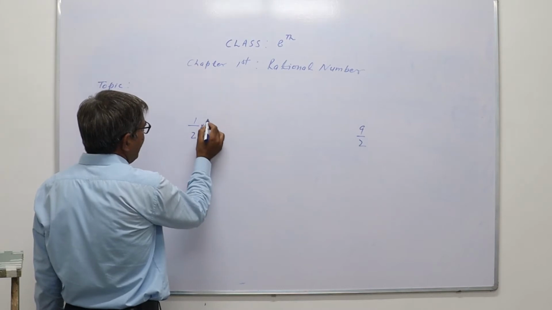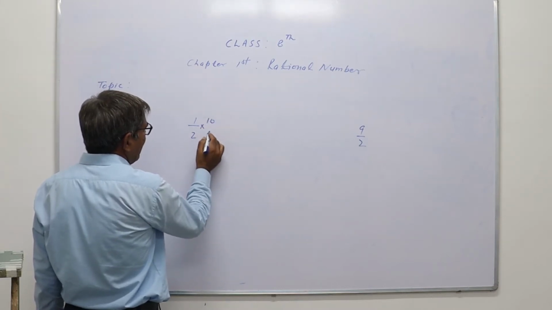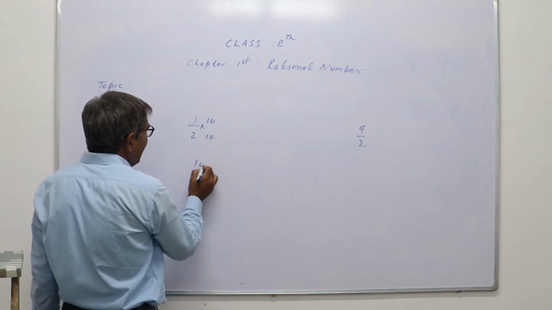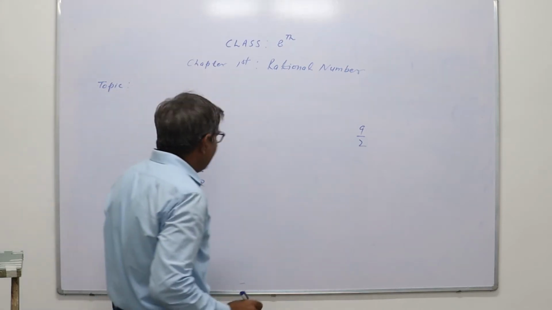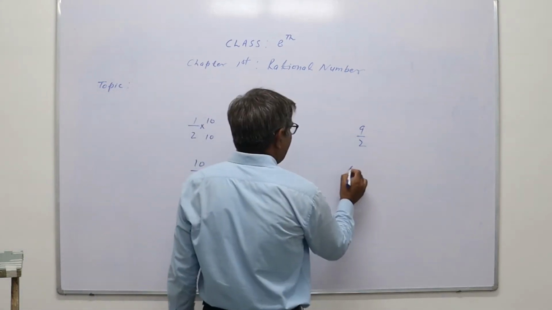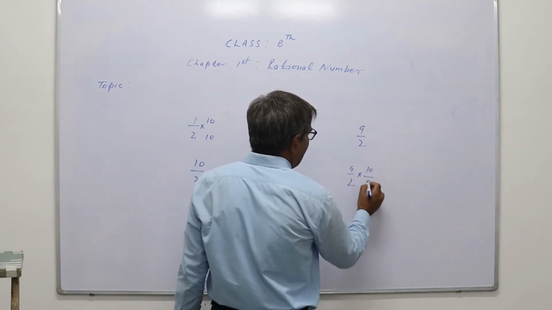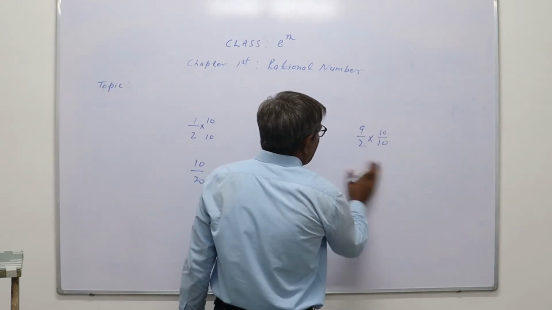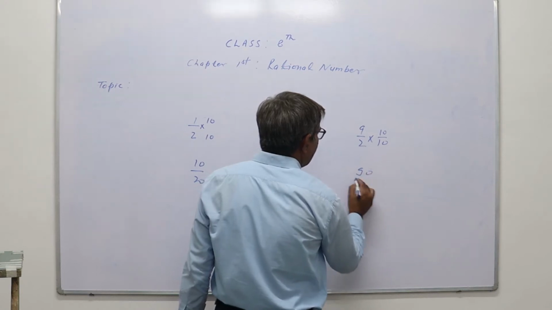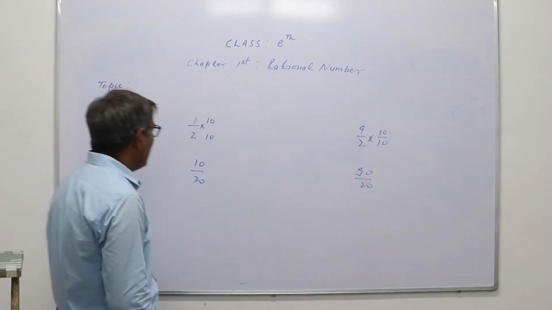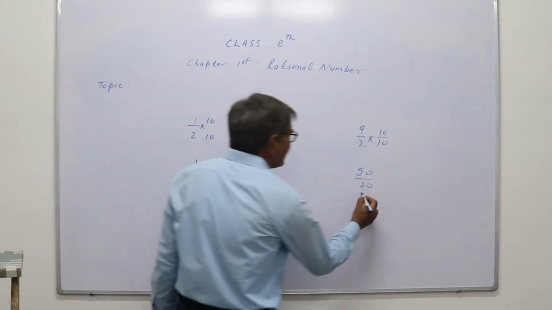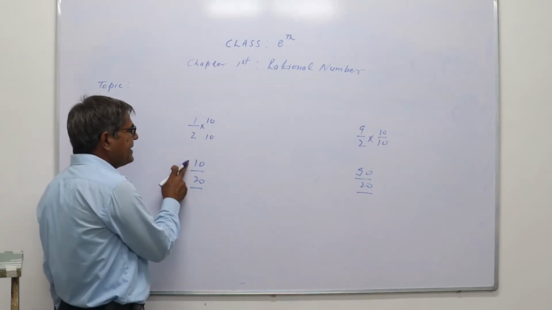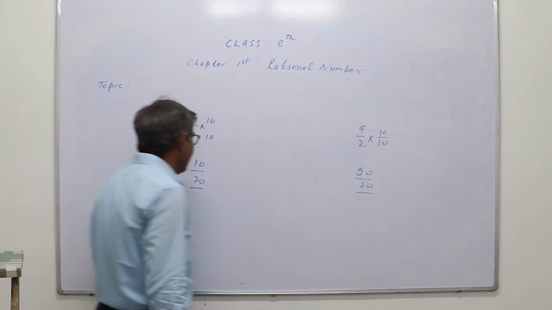multiply the first rational number by 10 in numerator and denominator. So this will become 10 upon 20, and if we multiply 9 by 2 by 10 in numerator and denominator, then this will become 90 upon 20. Now see, in both rational numbers the denominator is the same, that is 20, and the numerator in the first rational number is 10 and in the second is 90.